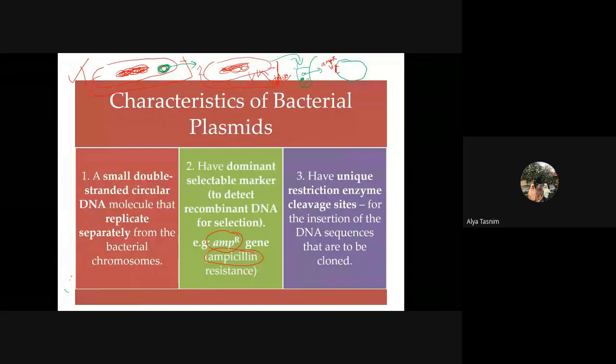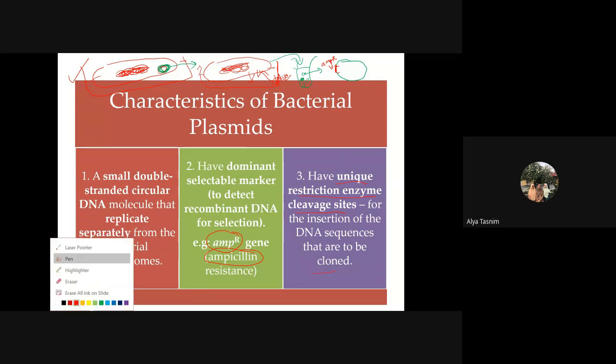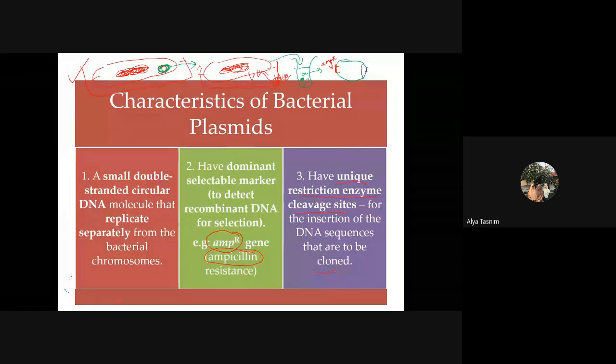Alright. So number 3, have a unique restriction enzyme cleavage site for the insertion of DNA sequence that are to be cloned. Okay, so restriction site ni pada plasmid tu dia akan located at another region. For example here. So selalunya restriction site ni dia akan ada in between another gene, a segment of another gene that is capable of producing a certain enzyme yang lain juga.